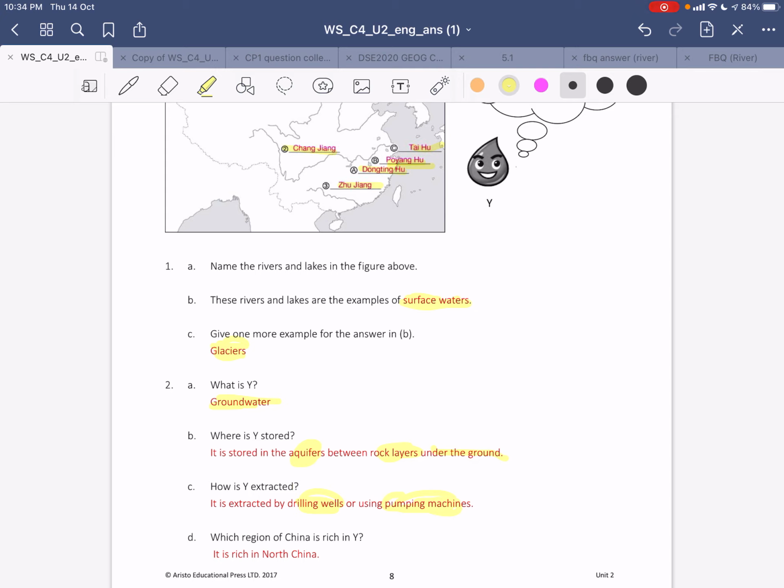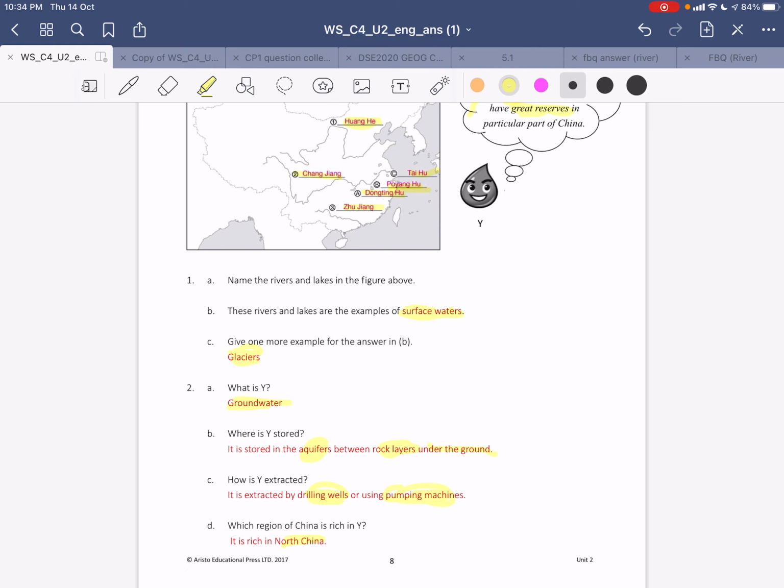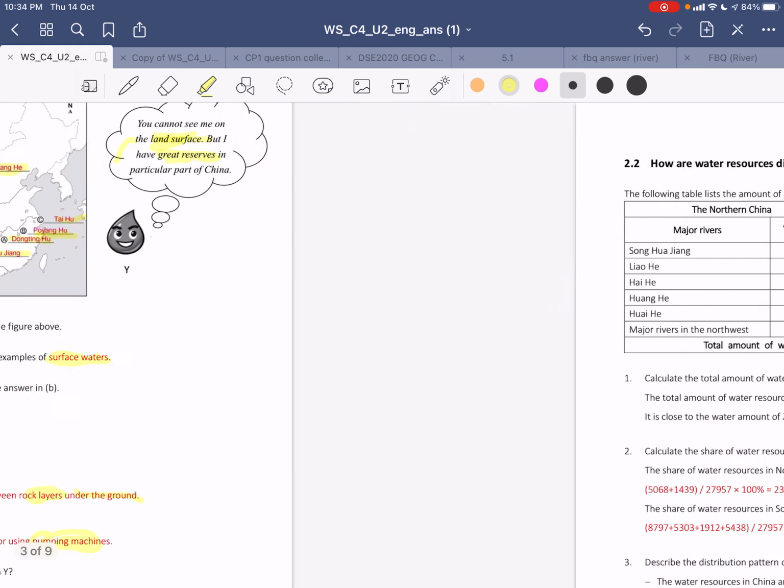They were stuck in an underground cave, and it took a lot of processes to save them, and they finally needed to dive into the water. So this kind of underground water layer can be extracted by drilling wells. Which region of China is rich in groundwater? It should be northern China.